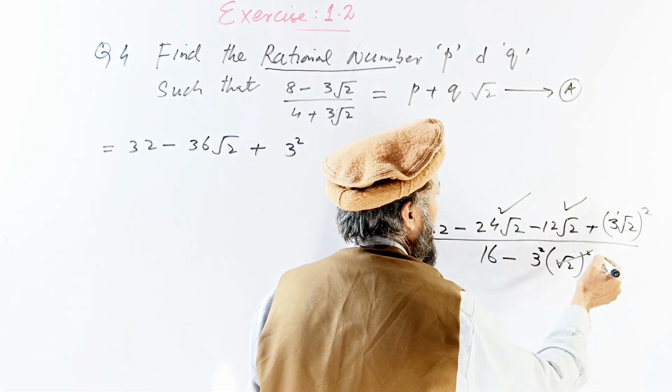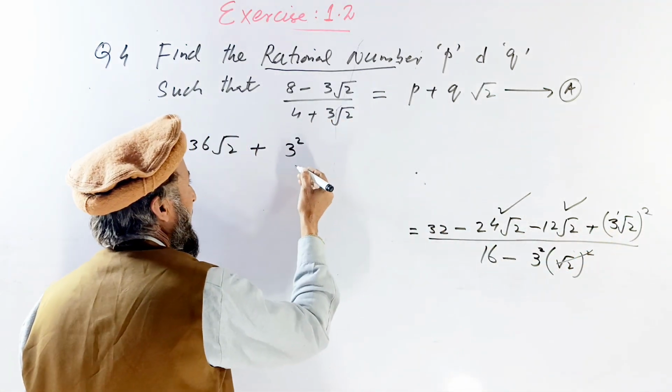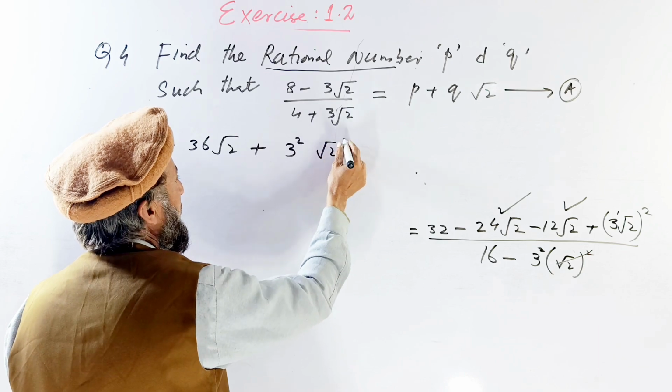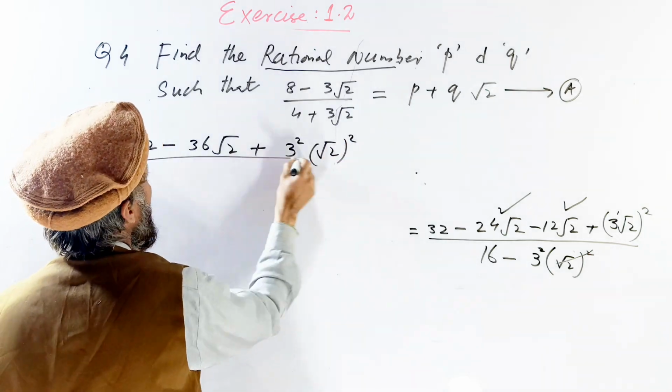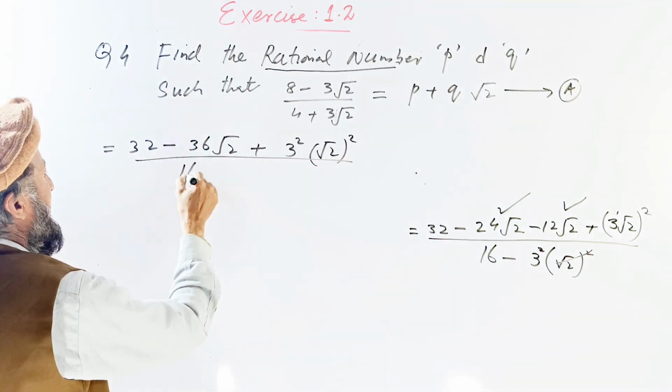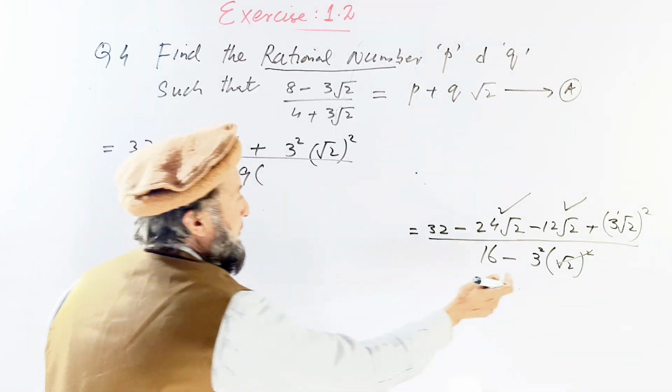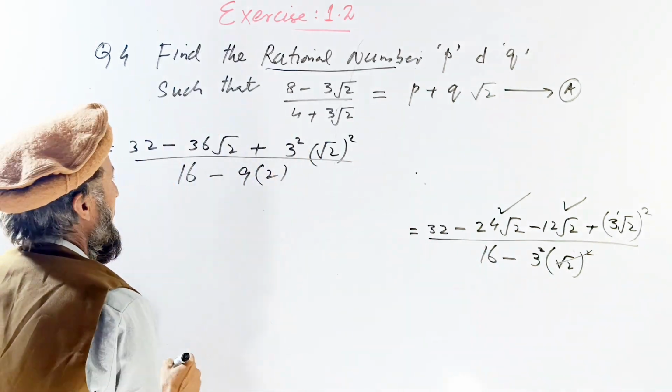Here the exponent is 1, so 1 into 2 gives 2, then 3 square is 9, and 2 under the root square is 2, divided by 16 minus 9 into 2.